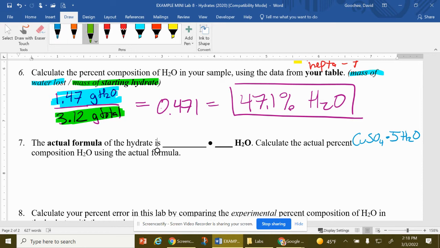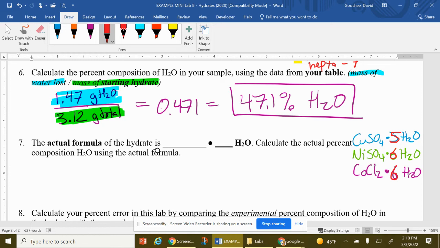Now, if you had the nickel 2 sulfate, the actual formula is NiSO4 6 H2O. All right. And lastly, if you had the cobalt 2 chloride like I did, the actual answer was also 6 H2O.